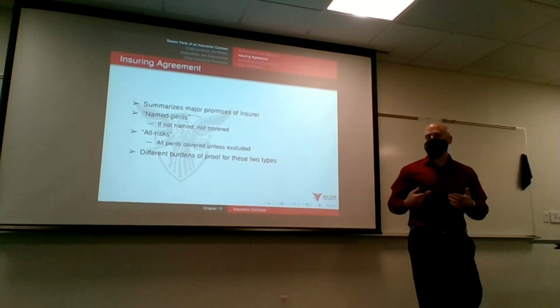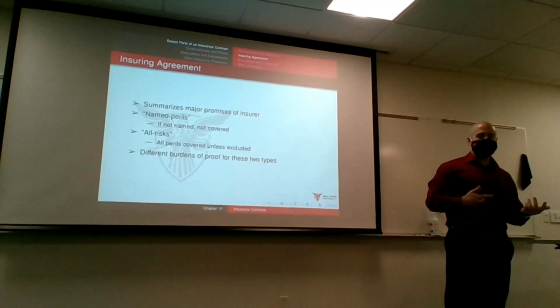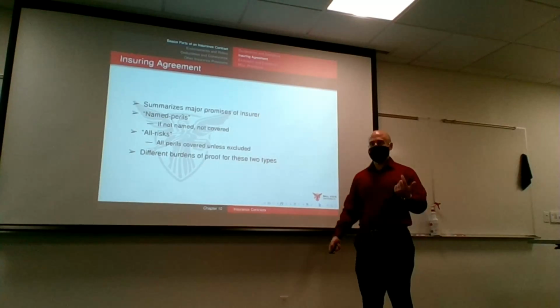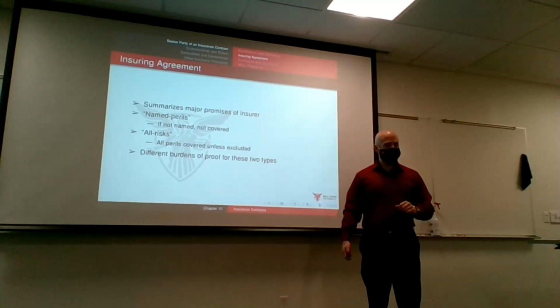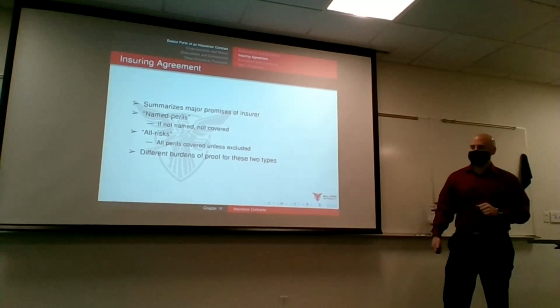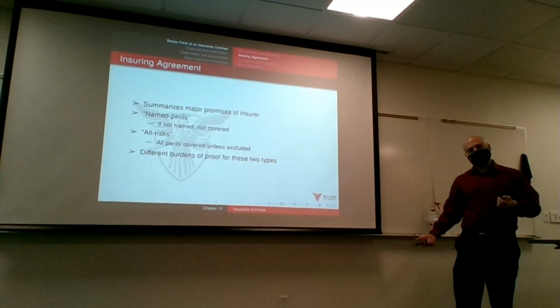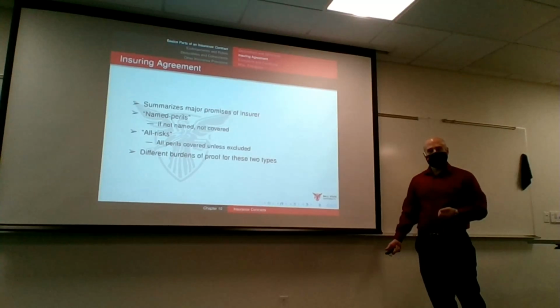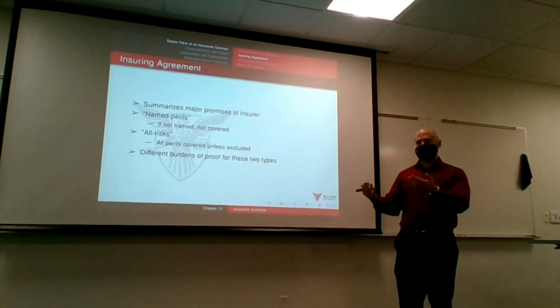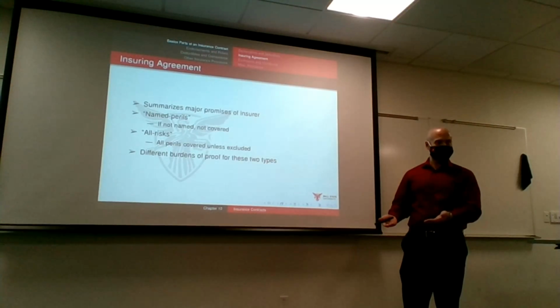Sometimes you'll see this called all risk or named risk. Recall, a peril is the cause of a loss. So a named peril policy is basically as stated. The insurance company says, here are the exposures, or the perils, that we cover.